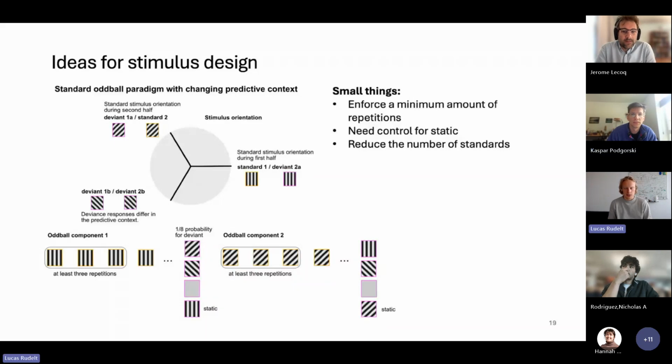And the question is, my understanding is that the strength of oddball responses is inversely proportional to their probability, down to very low probabilities. I think Jerome presented that earlier.